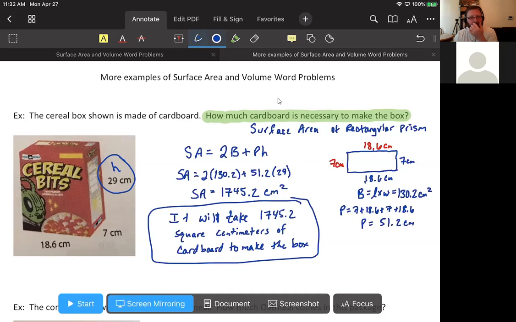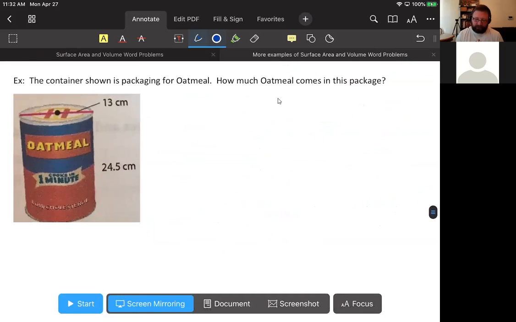It's a volume example. Okay. The container shown is packaging for oatmeal, clearly. How much oatmeal comes in this package? So again, the key here is what is it asking us to do? That is a volume question.